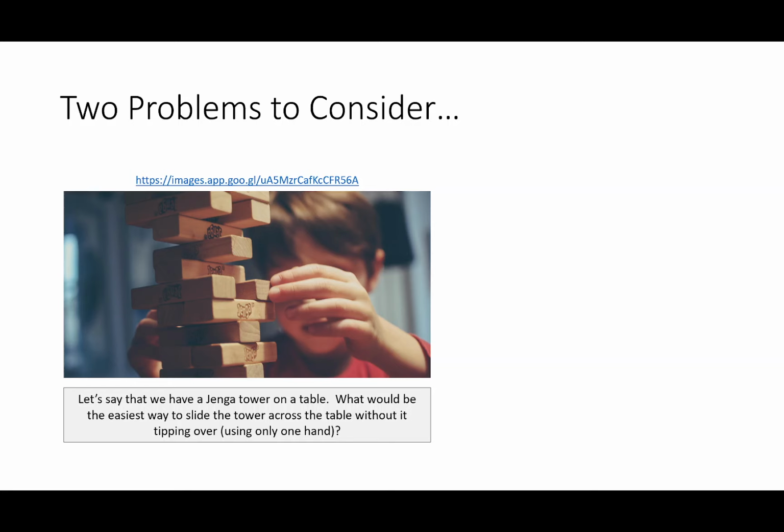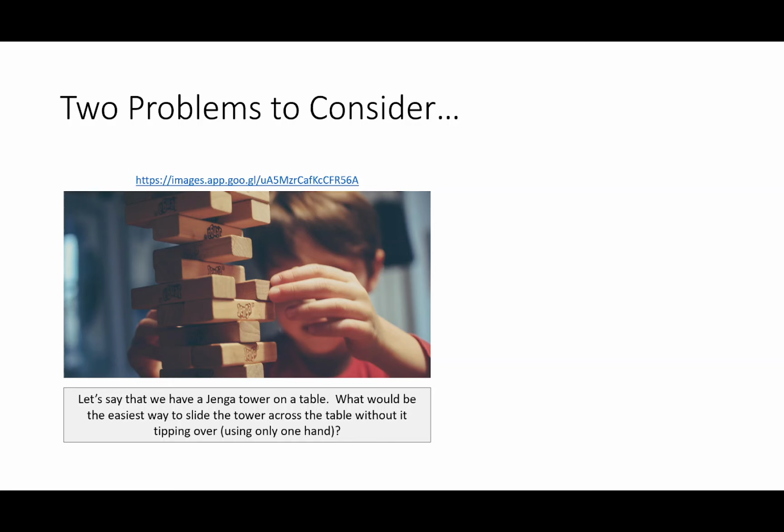So let me put a different thought behind this. Would you agree that if we were in your dorm room or your apartment and we're trying to push a sofa across the living room floor, the sofa is going to push back, right?